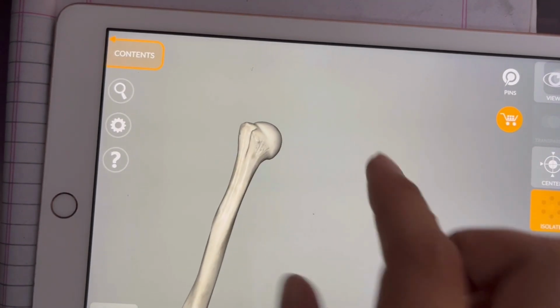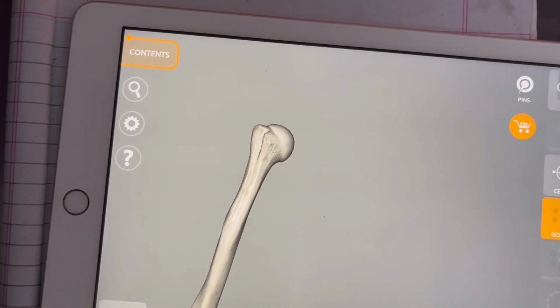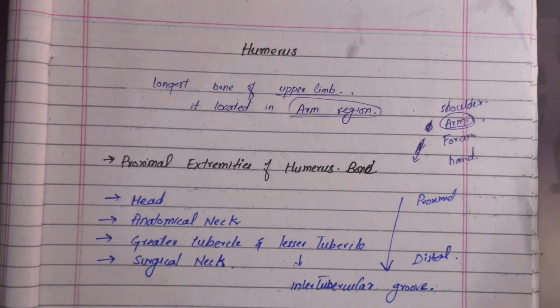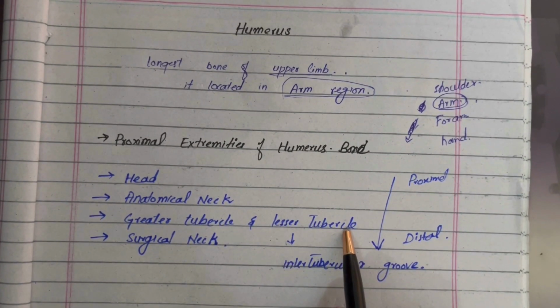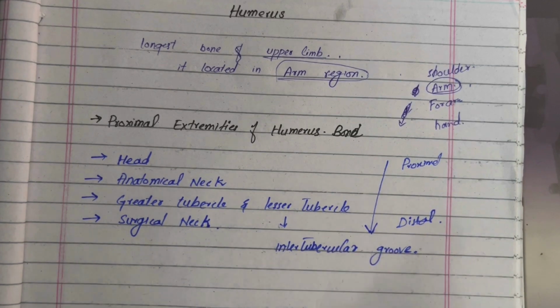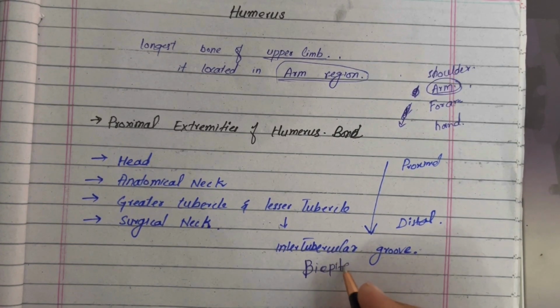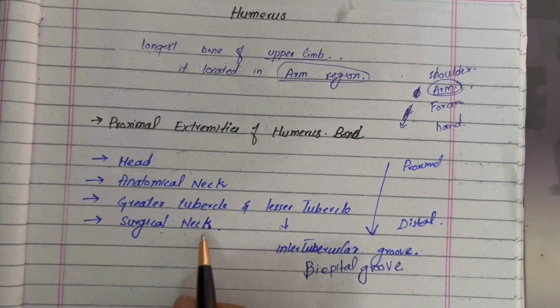Now further discussing the proximal extremity of the humerus bone. In the proximal extremity we have the head region, anatomical neck, greater tubercle and lesser tubercle, intertubercular groove or bicipital groove, and surgical neck.